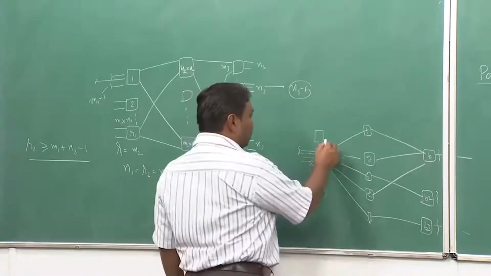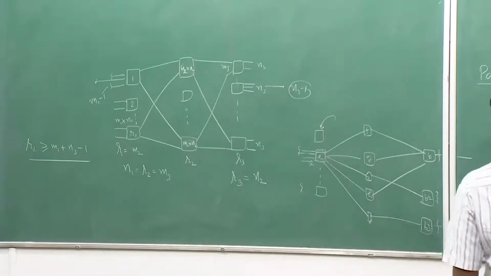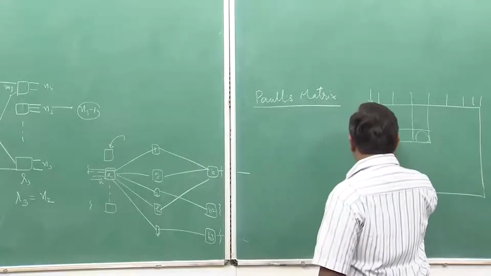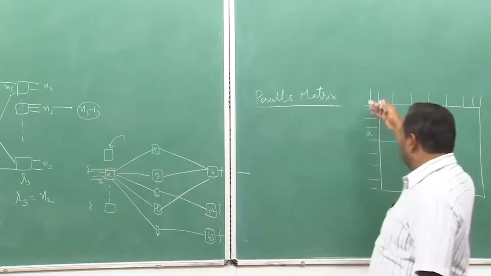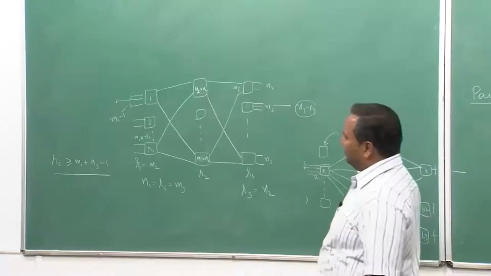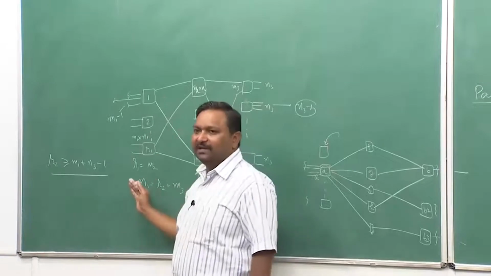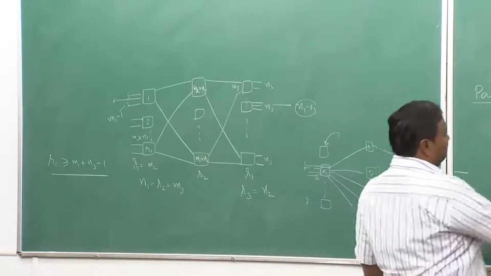So, what I will do is use these switch IDs to represent my rows. There will be a row A corresponding to the switch A. How many rows will be there in this Paull's matrix? How many possible first stage switches can be there? These are R1. So, you can have R1 rows.